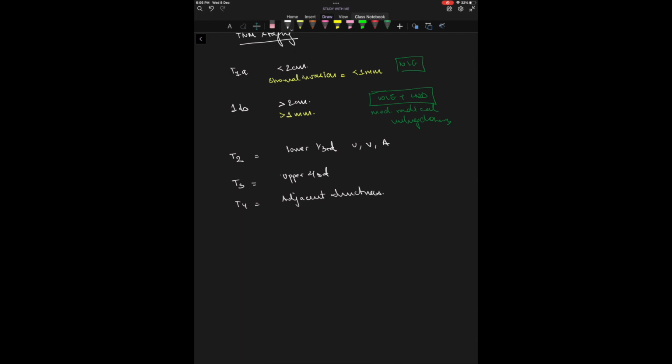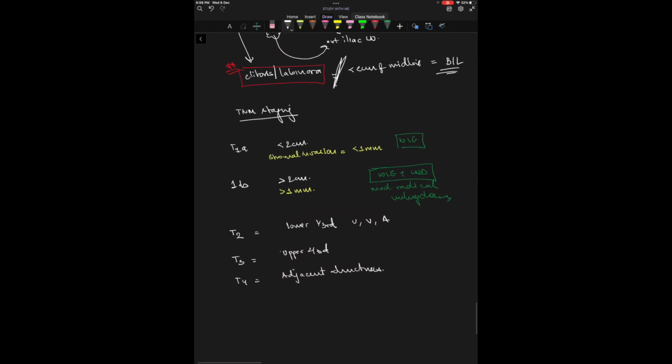All right, then we divide it like we divided the other cancers into stages 1, 2, likewise. So T1A, this will be stage 1. This will be stage 2. Stage 3 is the involvement of lymph nodes, N1, N2, N3, all the stages.